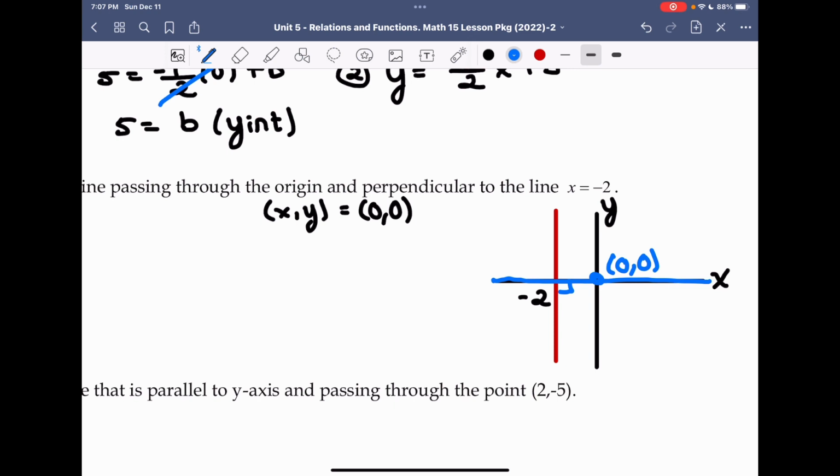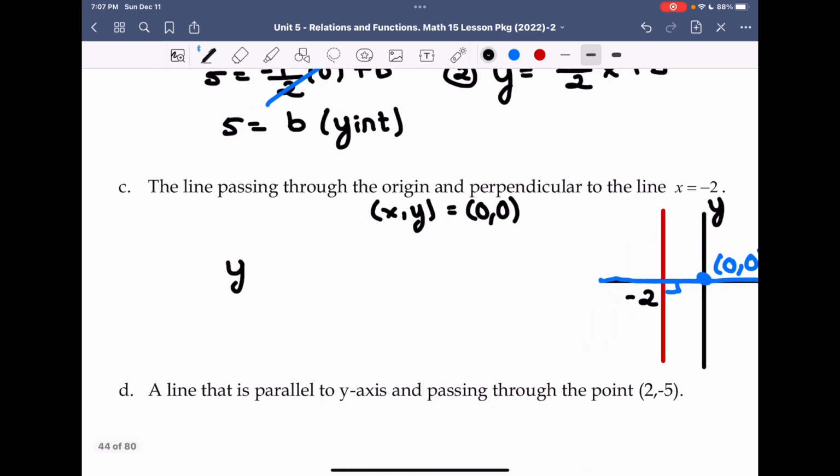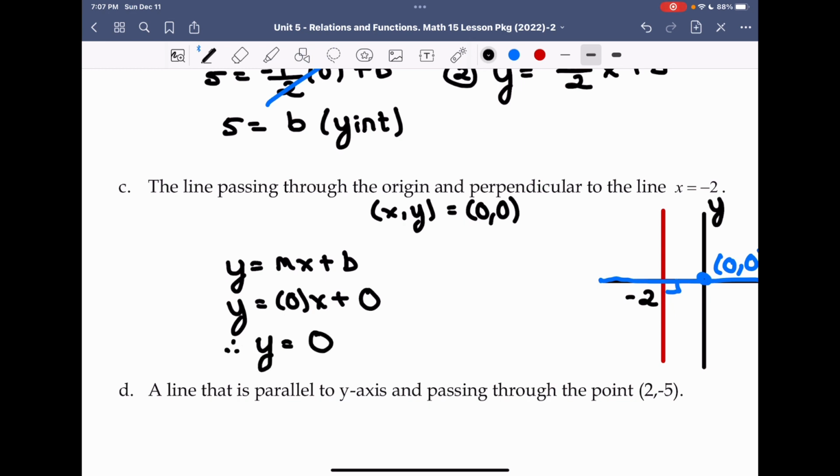And so our equation is going to be y is equal to mx plus b. We know that the slope is 0, so 0 times x, and then plus our y-intercept is at the origin, and that's 0, so our equation of our line is y is equal to 0. That is the equation of the line passing through the origin perpendicular to x equals negative 2.